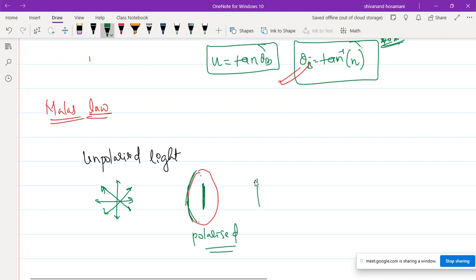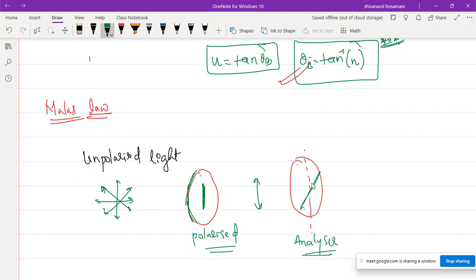Then after this, if you put another polarizer with its axis like this, we call this one an analyzer.